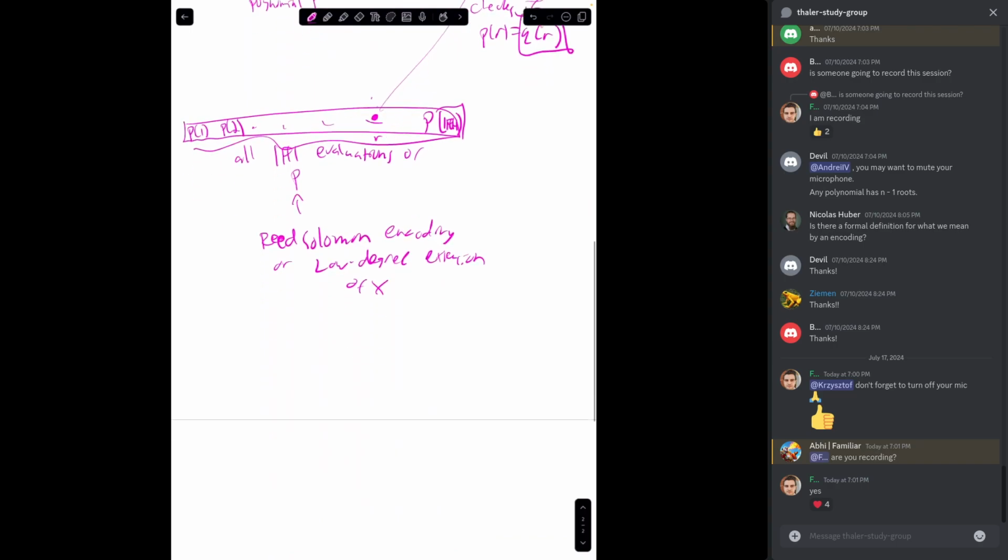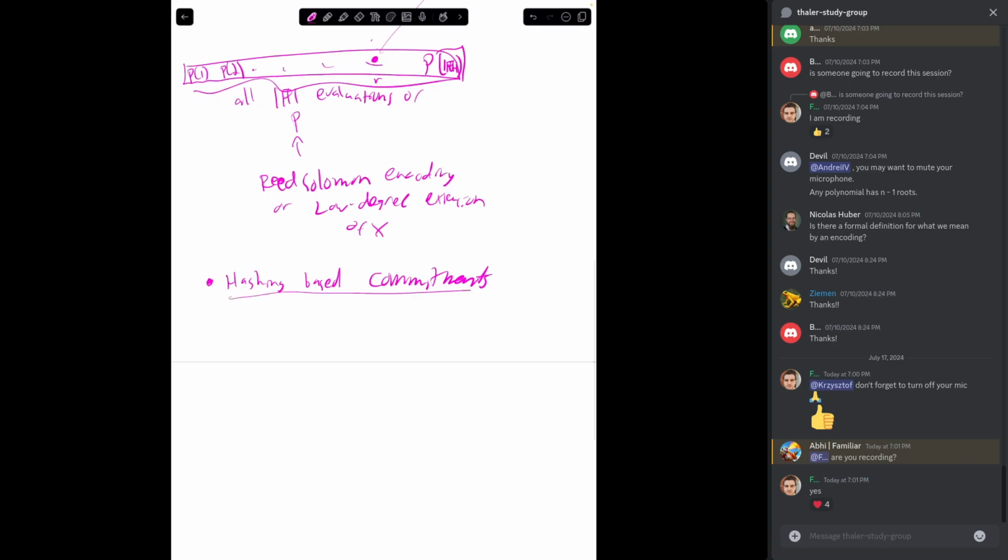So the one situation in SNARKs where people do have to write down the entire code word tends to be in hashing based commitment schemes. There are some other cases as well, but this is maybe the most prominent and important one.